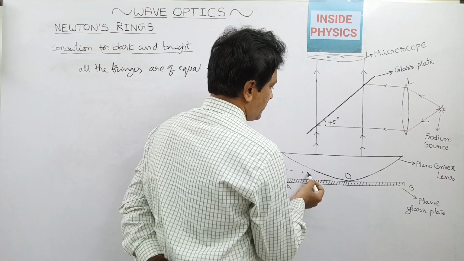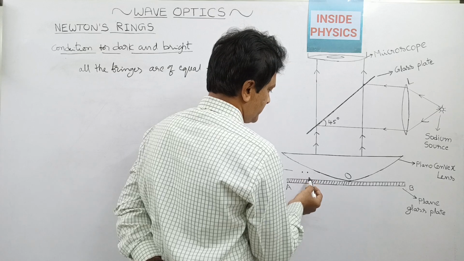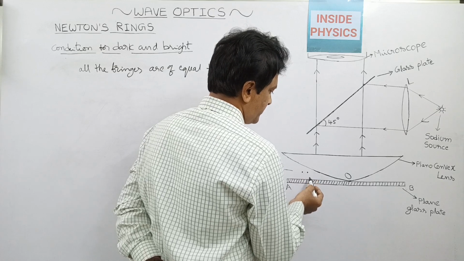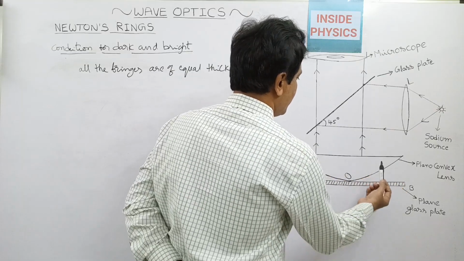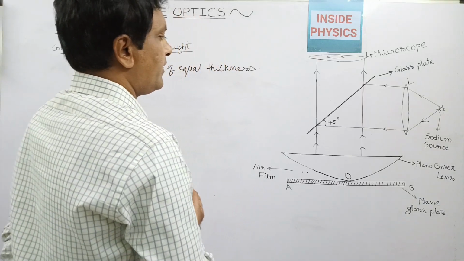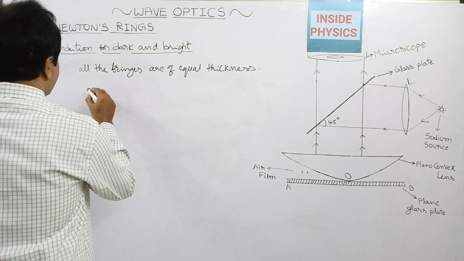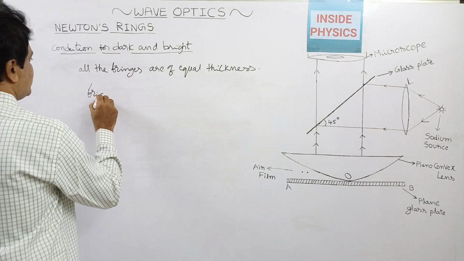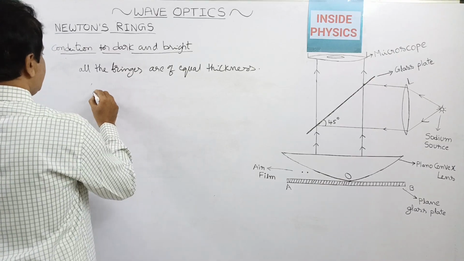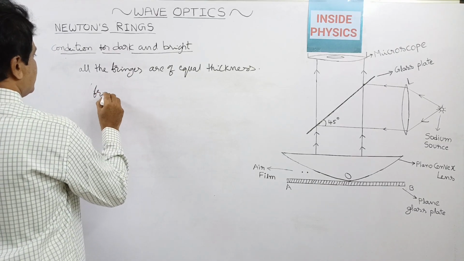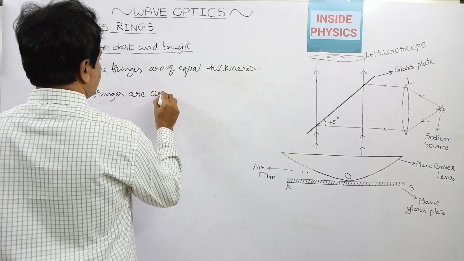So if you connect all the points which have the same thickness, the locus of the points will form a circle around the plano-convex lens. So the fringes are of the same thickness and are also circular. Fringes are circular.